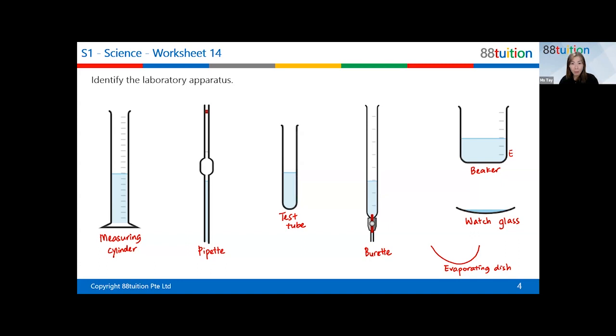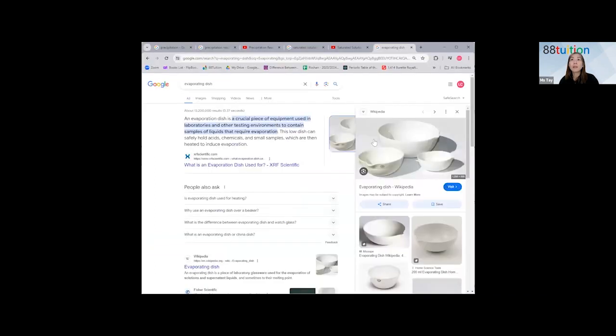So this is the evaporating dish. Use it before, right? So this is not clear, it's opaque. The watch glass is in fact the clear version. Like if you have worn contact lens before, it looks like a bigger version of the contact lens.